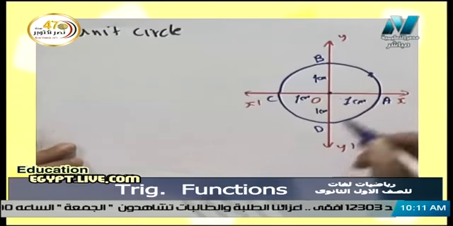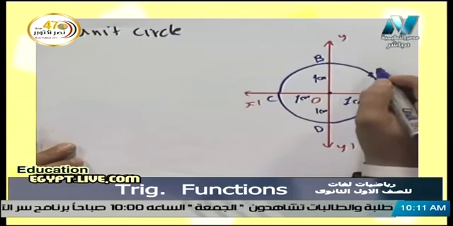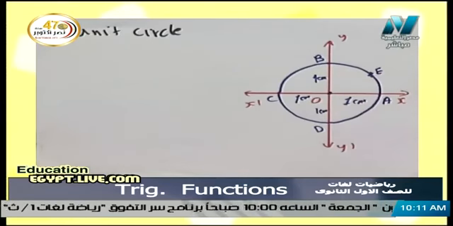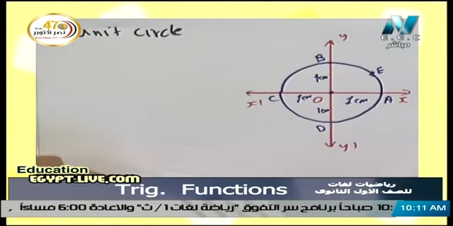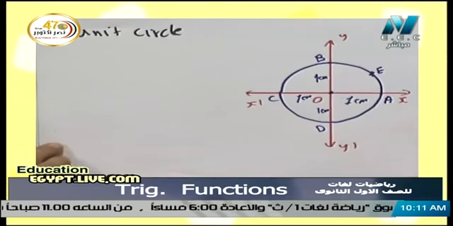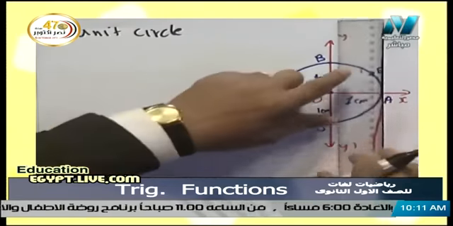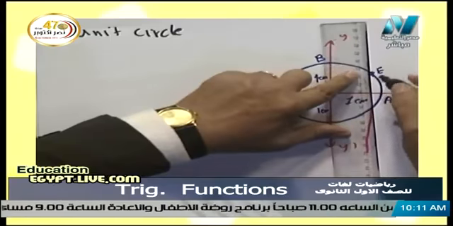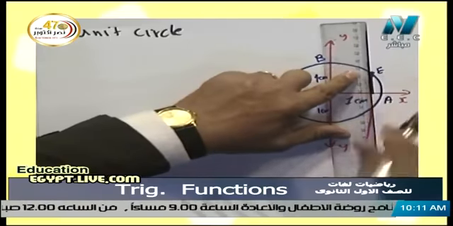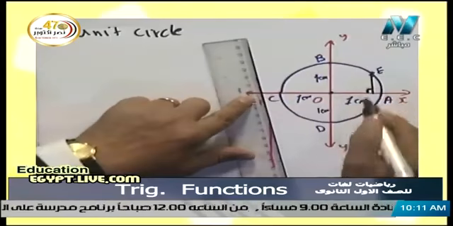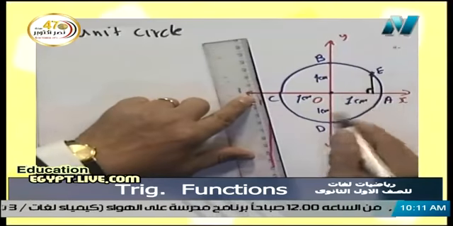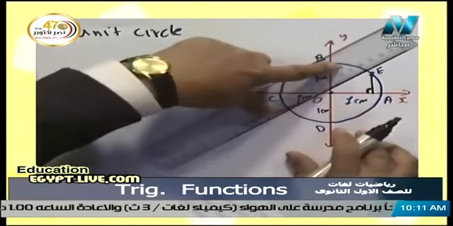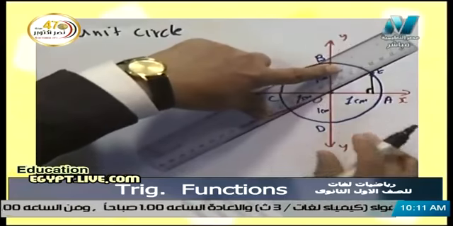Okay, and if we have here a point, say it's E, we will complete the right angle triangle here, with a perpendicular from E to the x-axis. So we have a right angle here, and we will join OE.